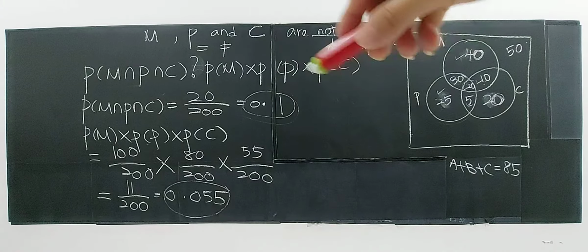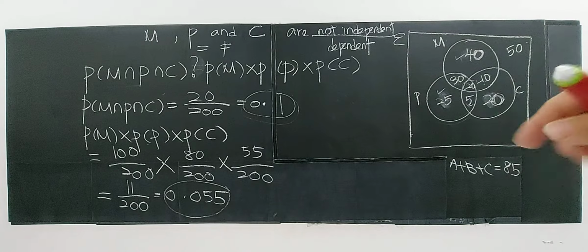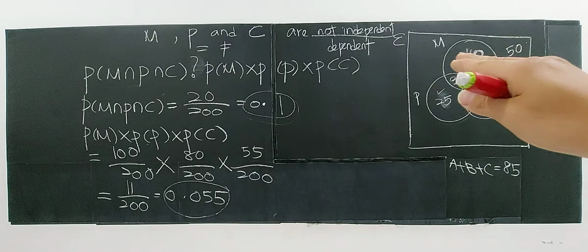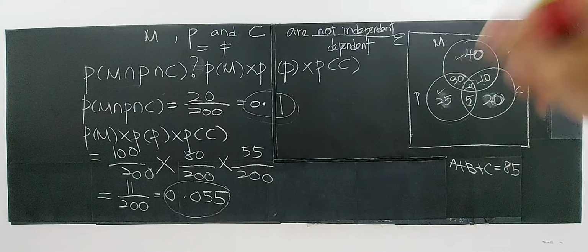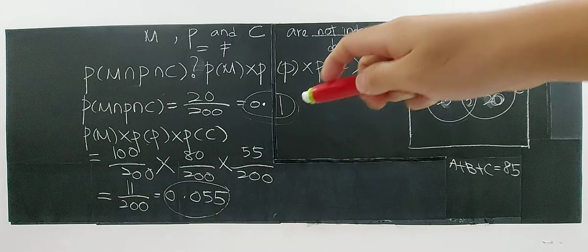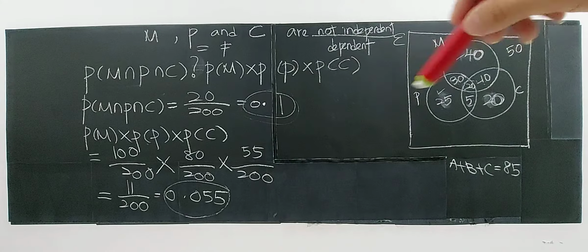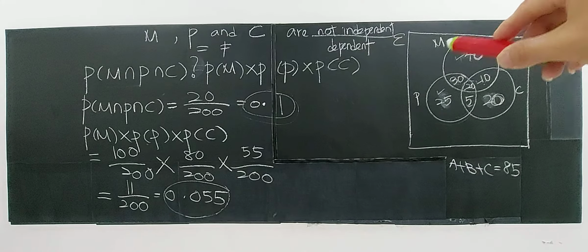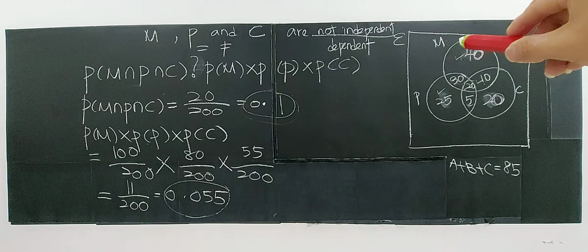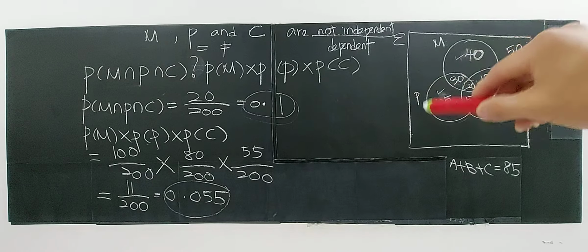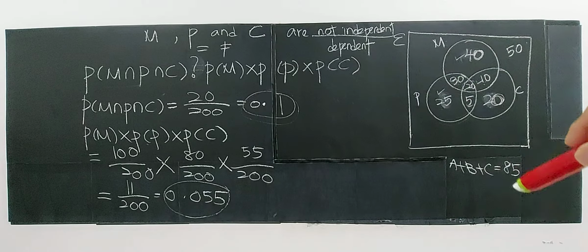So based on calculation, I cannot simply make a judgment by saying mathematics depends on physics. No, by calculation, I can prove it, because the numbers are not the same. If they are the same, they are independent. Independent means getting grade A in mathematics does not depend on getting grade A in physics.